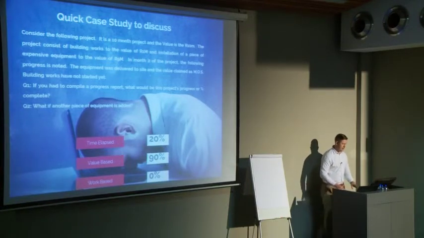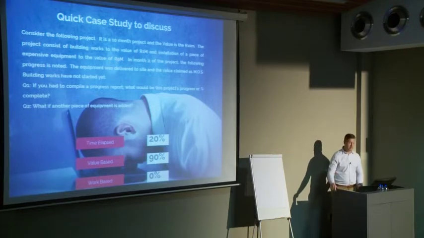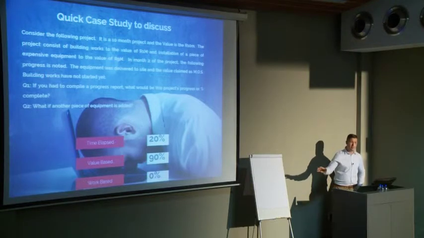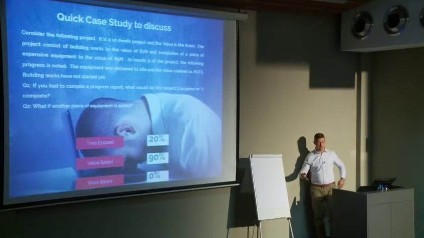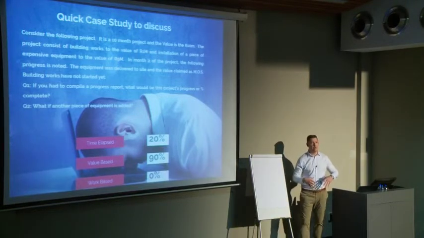Now, in the previous session, and that's why I use this example, we've learned that actual performance can be articulated using various metrics, of which I've shown you those 3. Only 2 are important. The reason I don't like time elapsed is because it's like a broken watch.